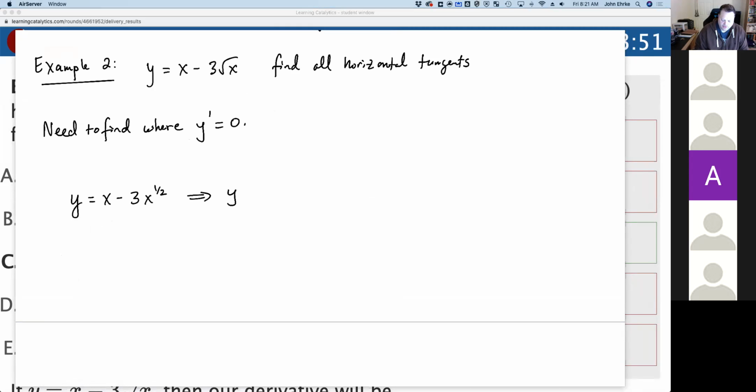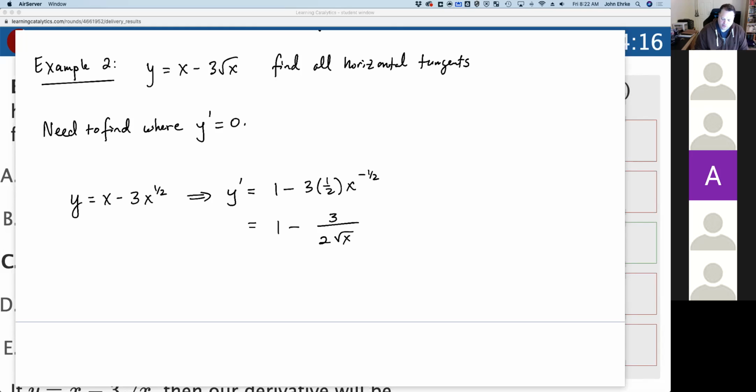So the derivative of that would be 1 minus 3 times 1/2 x to the 1/2 minus 1, which would be negative 1/2. So that's the derivative using power rule. If I simplify it, this is 1 minus 3 over 2 square root x. So there's my derivative function.